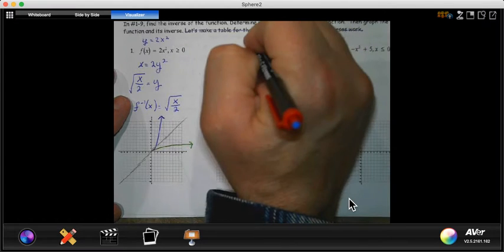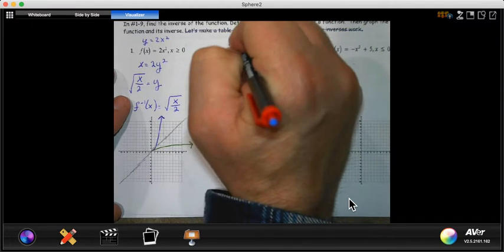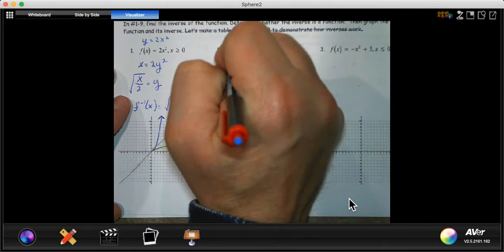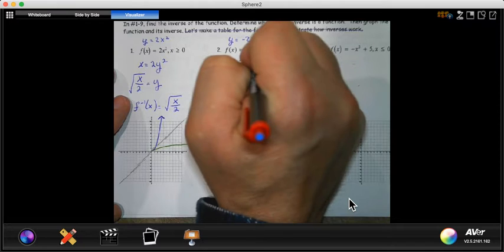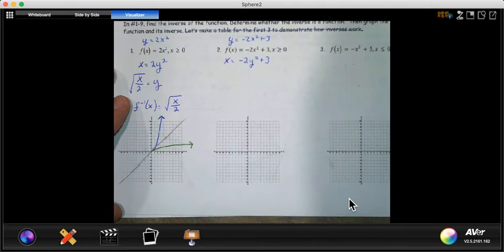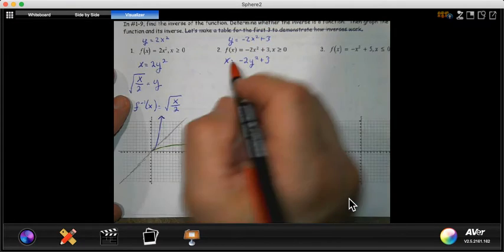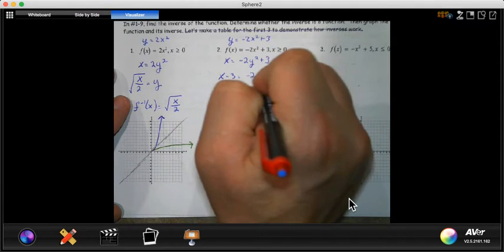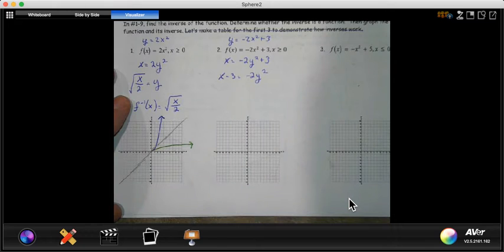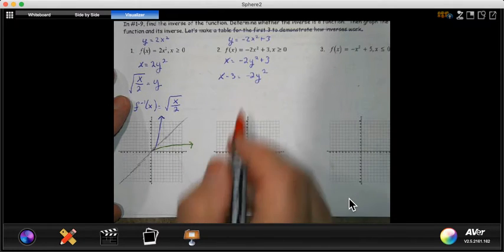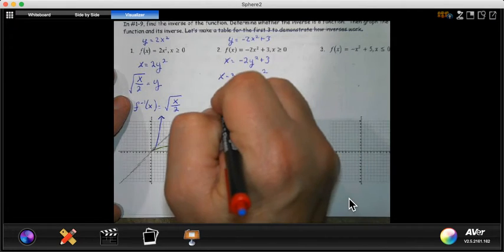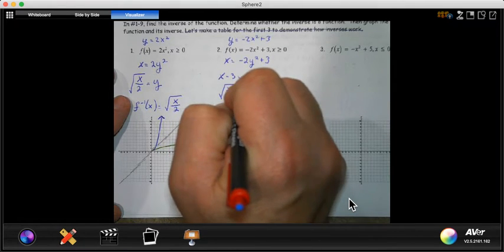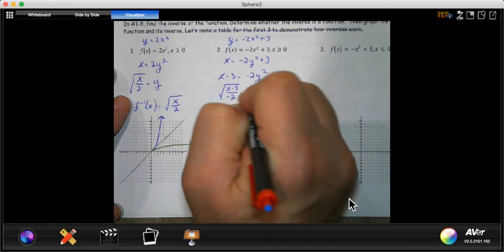Switch x and y. So y equals negative 2x squared plus 3. Switch x with y: x equals negative 2y squared plus 3. Minus 3 to both sides, negative 2y squared. So now I got to divide by negative 2 and square root. So I get the square root of x minus 3 all over negative 2 is y.